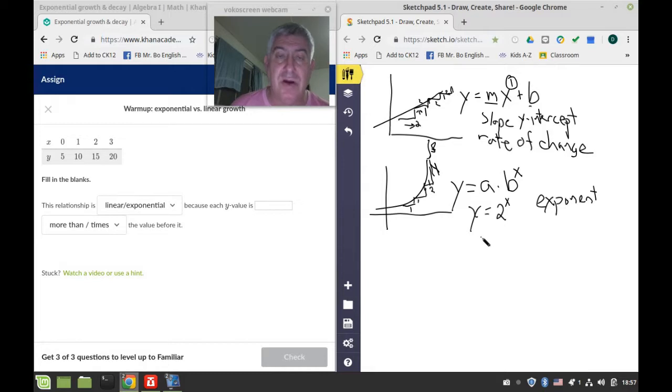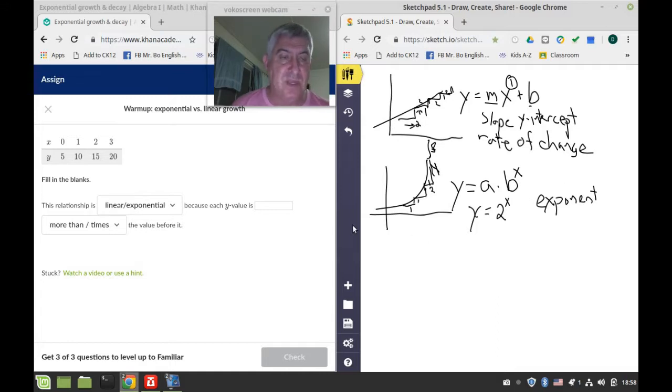When we are looking to see whether something is linear or exponential, we're going to look at the differences. If the rate of change is constant, it's linear. If the rate of change keeps multiplying by the same number, it's a geometric sequence, then it's going to be an exponential function.